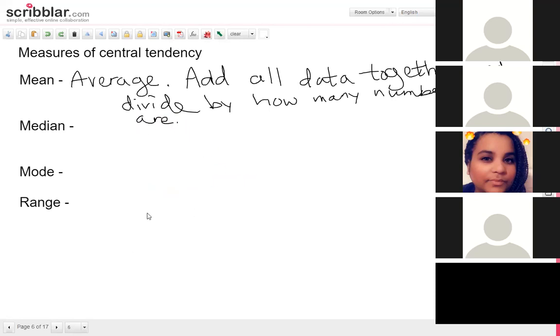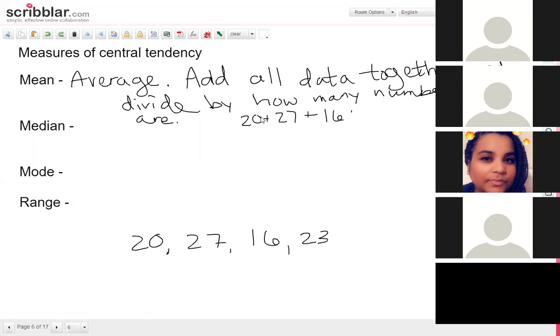So let's give just a little set of data. I'm not going to include too many numbers. And they're not necessarily going to give you the information in any particular order. So for this set of data, then we need to add all the numbers together and divide by how many there are to find the mean.